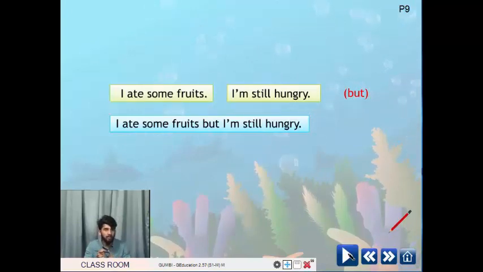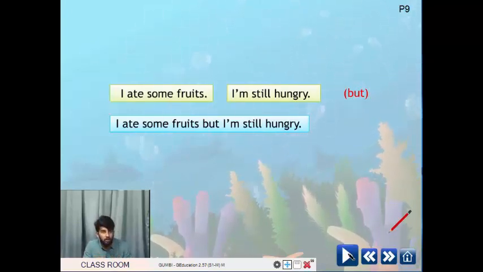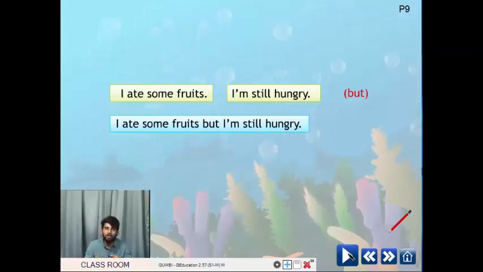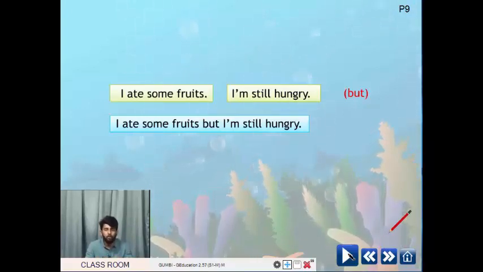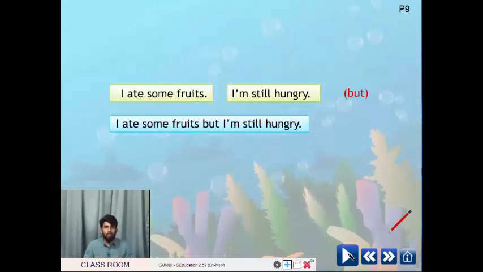So in today's session what we have learnt? Simple sentences and compound sentences. So what are simple? Sentences with one subject and predicate or verbs are called simple sentences. And what are compound sentences, children?